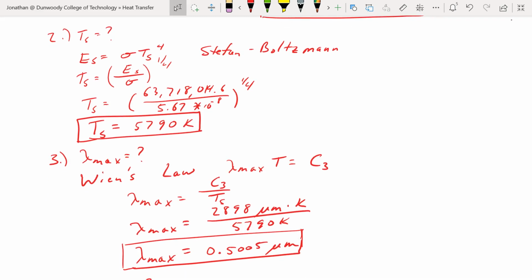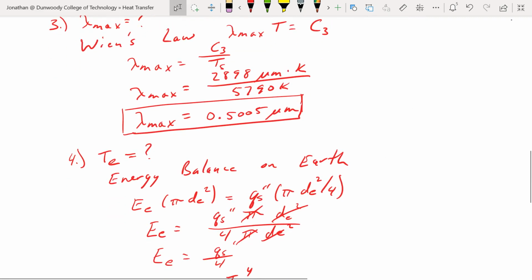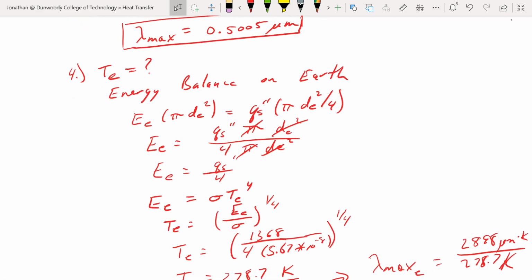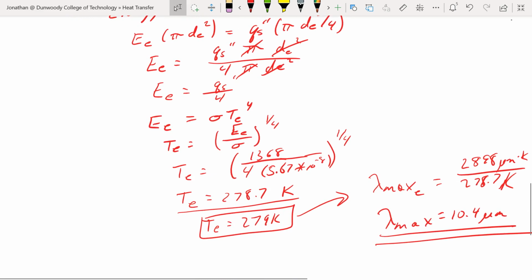Using that value, we can find the wavelength with the max power at the sun. That worked out to about half a micrometer. And then last, using energy balance on the Earth, we could find the average temperature of the Earth, and that's a little low, but for reasons of our atmosphere being ignored in this, we found a lower value than we actually have. We found about 280 Kelvin as a result.